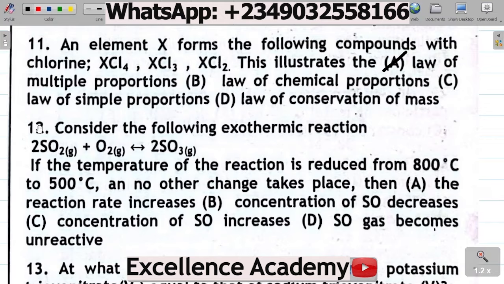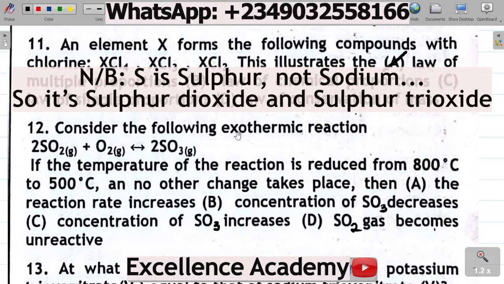Let's look at question 12. Question 12, consider the following exothermic reaction. Two molecules of sulfur dioxide combine with a molecule of oxygen gas to produce two molecules of sulfur trioxide.